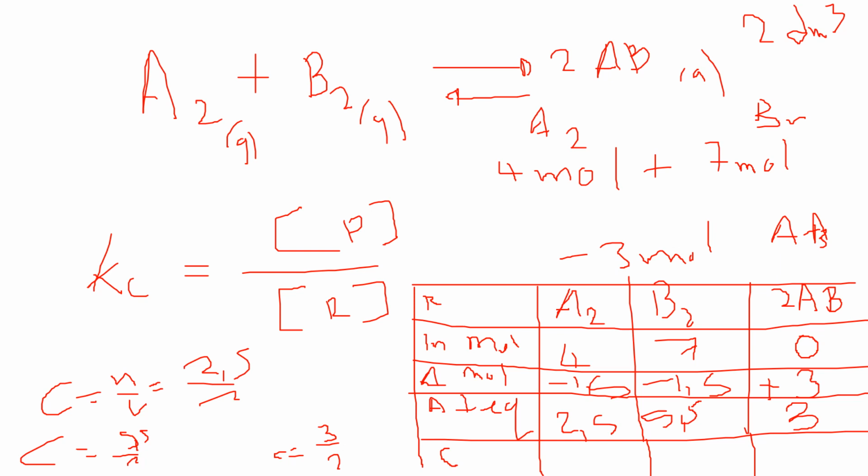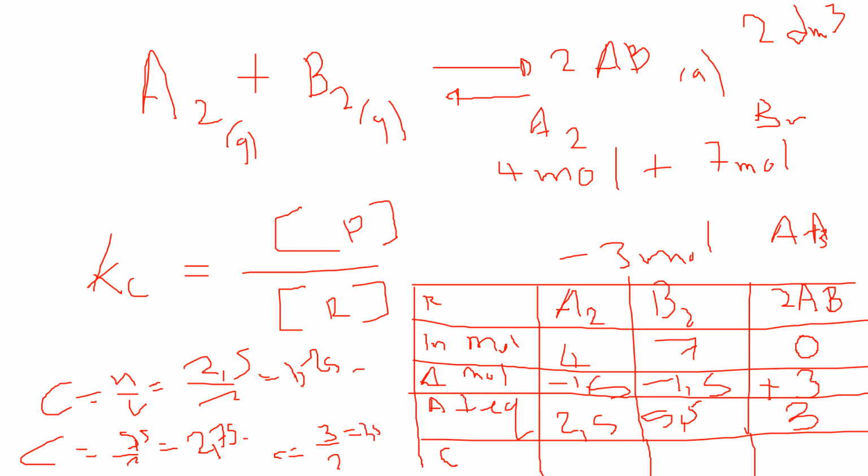And then when you have all your things in there, let me just use the calculator. So 2.5 divided by 2, we get our answer as 1.25, and that is the concentration of A. And then 5.5 divided by 2 is 2.75, and you write the SI unit of concentration there. And then here for AB is going to be 1.5.